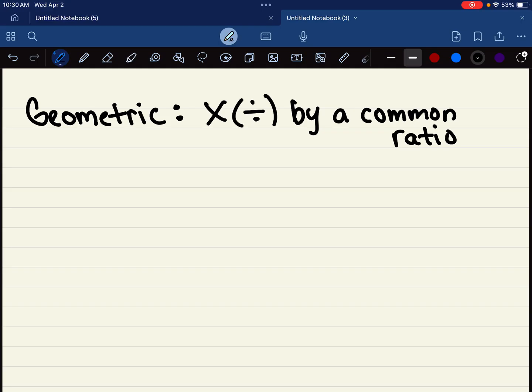Now, typically, when you see the word ratio, it's referring to what type of number? Decimal. Nope. Fraction. Yes, it could be a decimal, but typically it's a fraction. The reason I put division in parentheses is because it has to be multiplication. It could look like division, but instead of saying dividing by 4, we would say multiply by 1 over 4, because multiplying by a fourth is the same as dividing by 4.